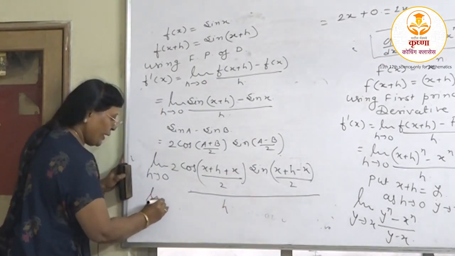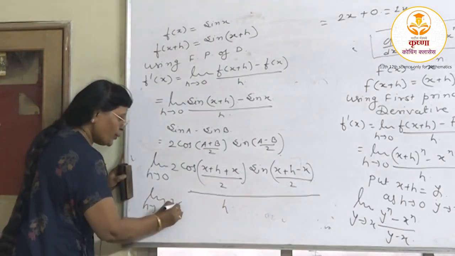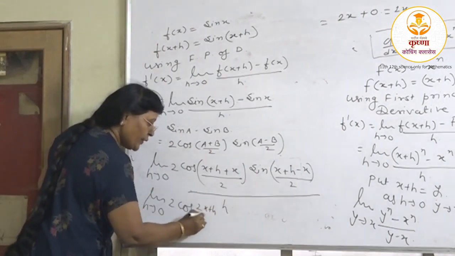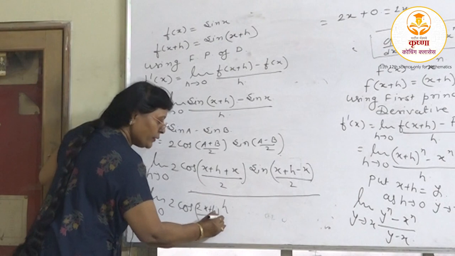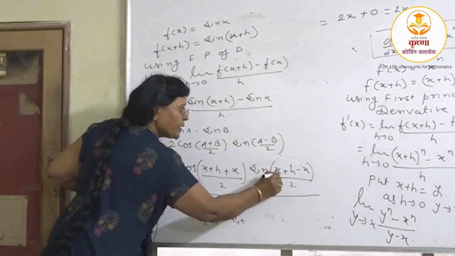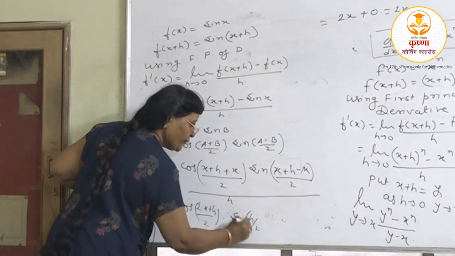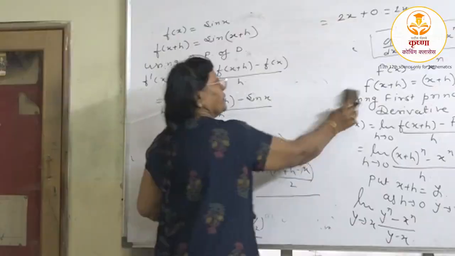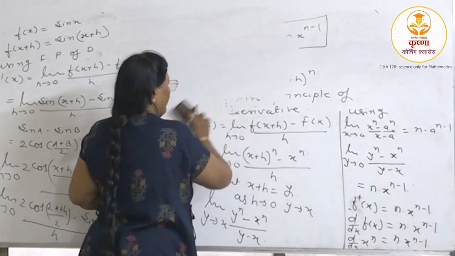Here limit h tends to 0, 2 cos((2x+h)/2) and sin of, x gets cancelled, h by 2, right, divided by h.